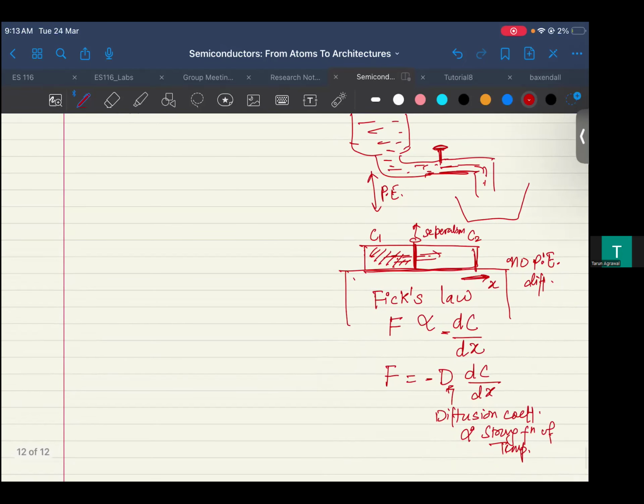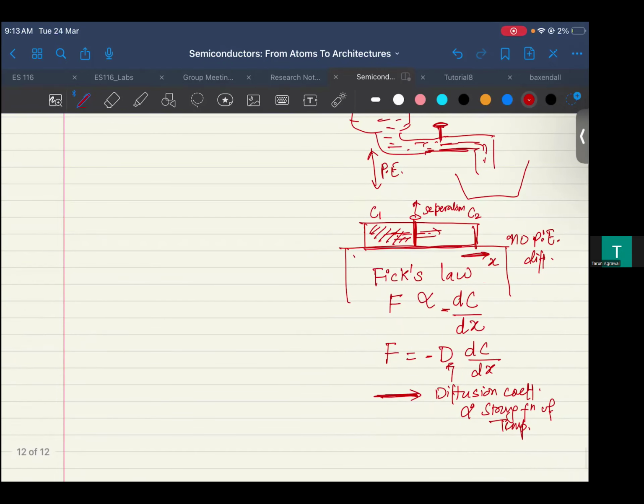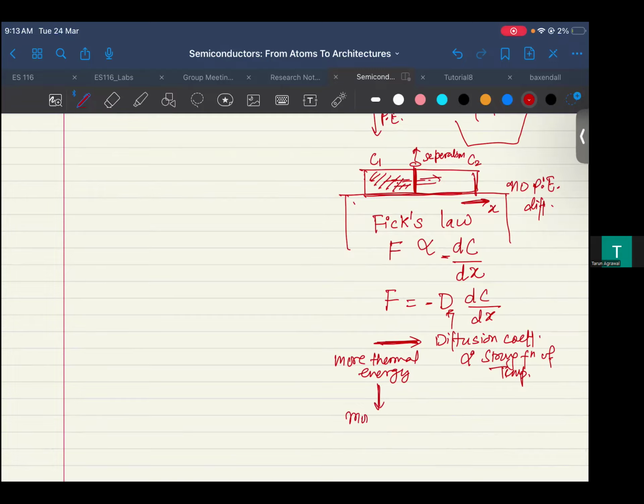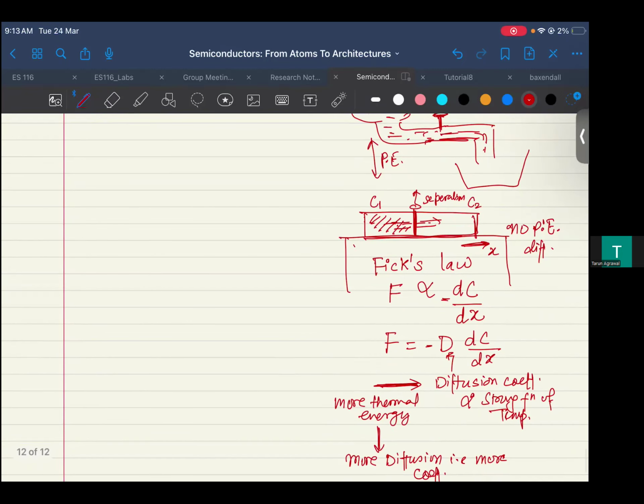So the more thermal energy given to your particles which are moving, the more diffusion, and the more diffusion coefficient, right? So this is the basic thing which you see happening in the real world about diffusion.